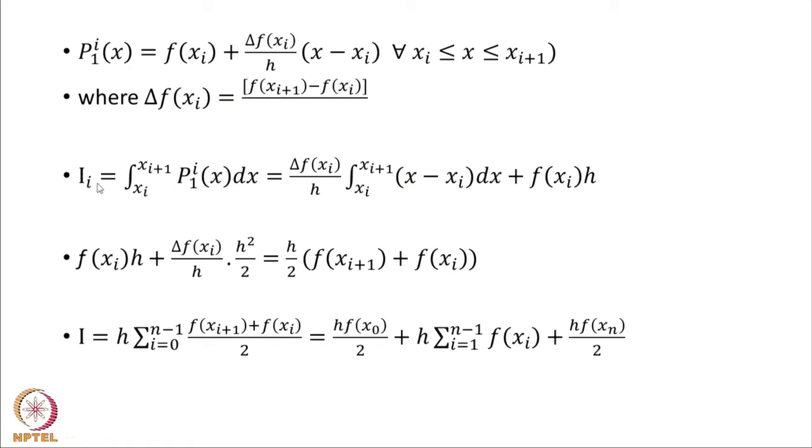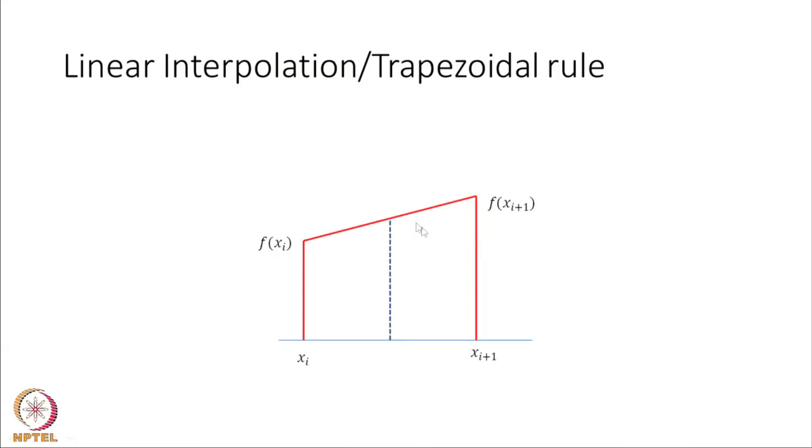So, this is the first order polynomial. When I integrate this function, what I get is f(xi) into h plus delta f(xi) by h into h square by 2. So, this is my integral, h by 2 times f(xi plus 1) plus f(xi). So, this is really the area of this trapezoid. What is the area of this trapezoid?